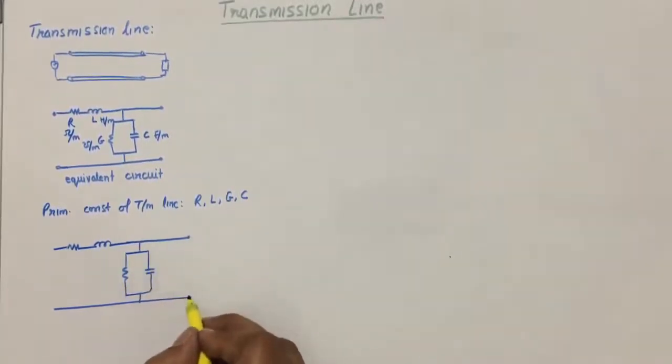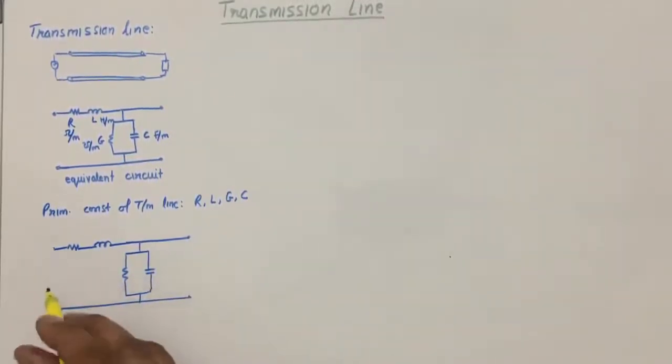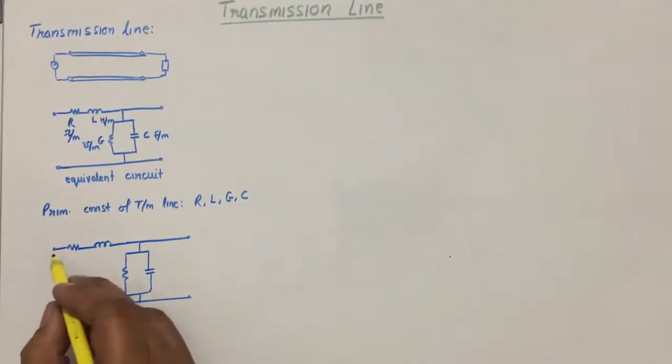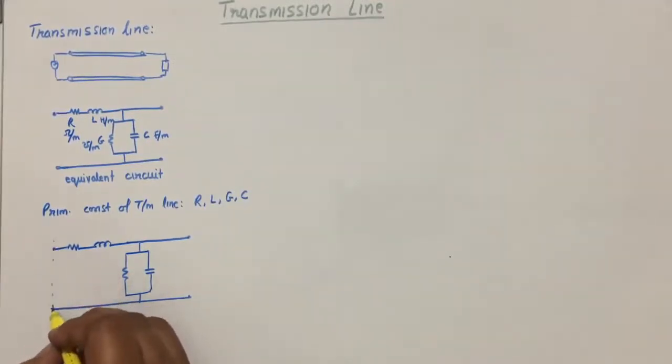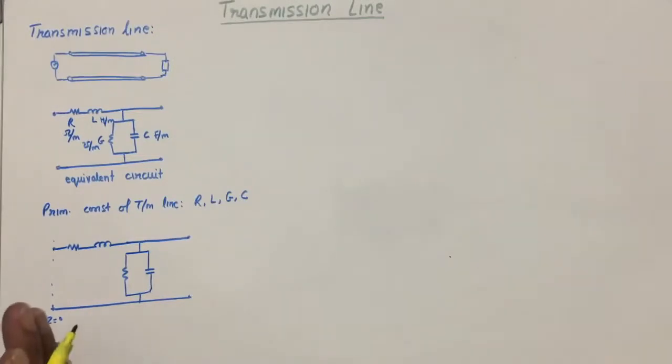Let us assume that the voltage and current waves are traveling in z direction. So let us consider that the source is placed at z is equal to 0. Now the waves are traveling in z direction from z is equal to 0 onward.